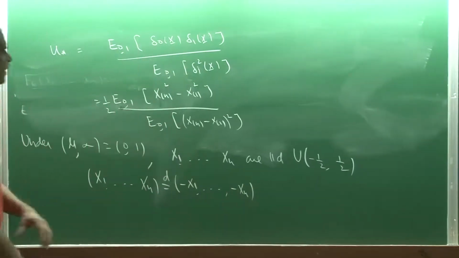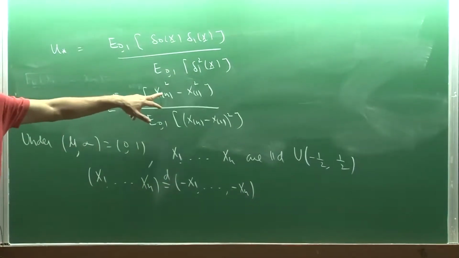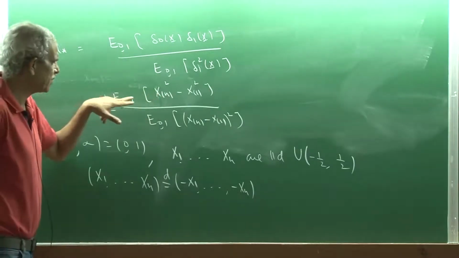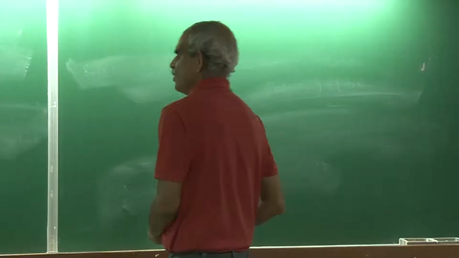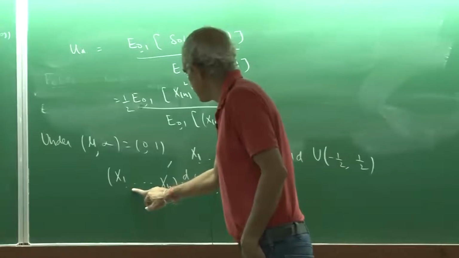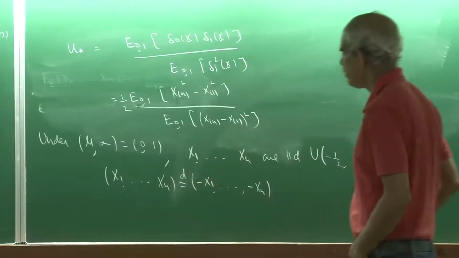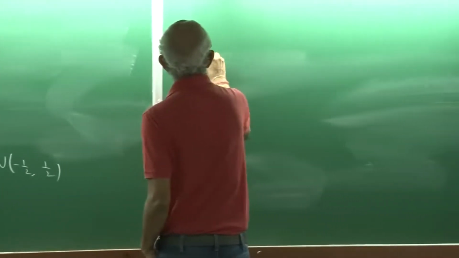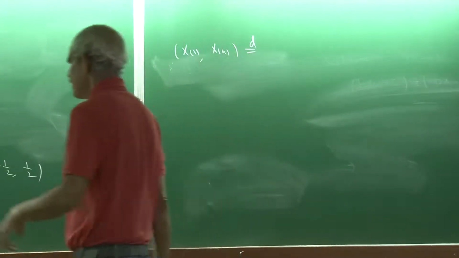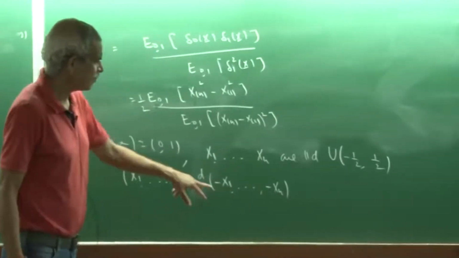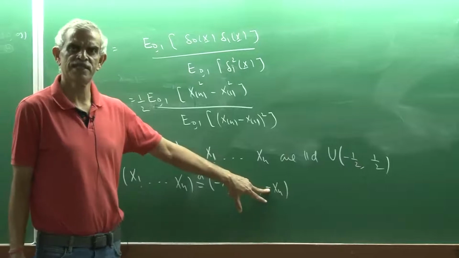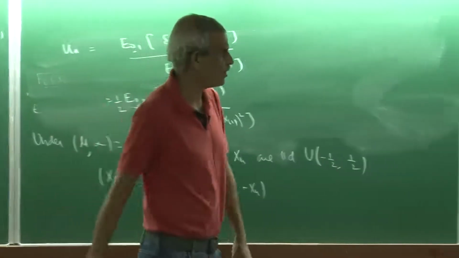I'm trying to get the relationship between expected value of xn square and expected value of x1 square. So what does that mean? That means I take the joint distribution here as minimum and maximum. So minimum, maximum would be x1 and xn. Has the same distribution as, I apply the same function over here. That means the first coordinate as minimum. Now minimum of minus x1, minus x2, minus xn is same as minus of maximum of x1, x2, xn.